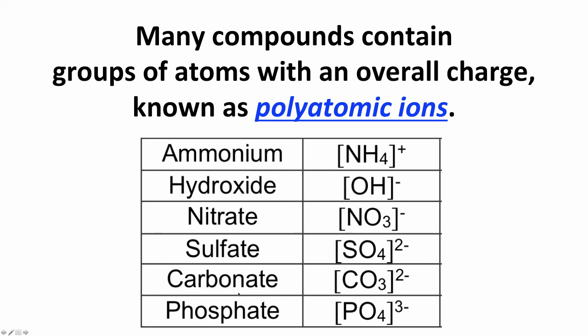Similarly for sulfate, carbonate, and phosphate, showing the respective numbers of oxygens and charges for each of those. There's not a great rhyme or reason to how many oxygens, at least at this point, for a given carbon or phosphorus or sulfur. So these are things you're just simply going to have to look up or try to remember.